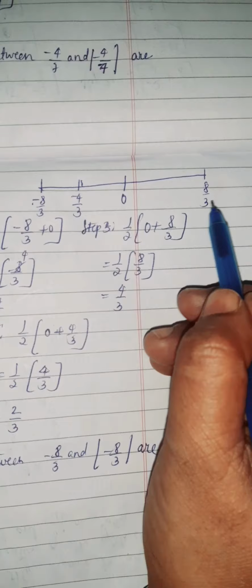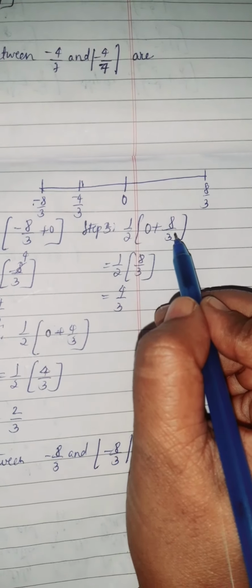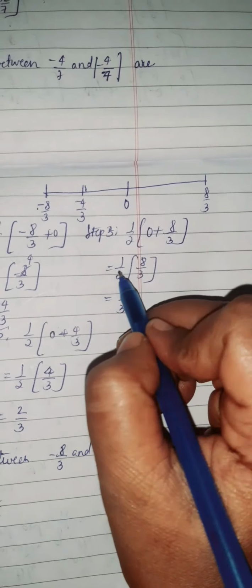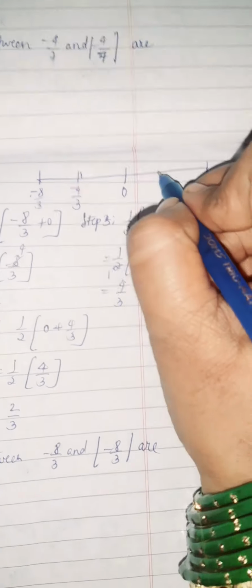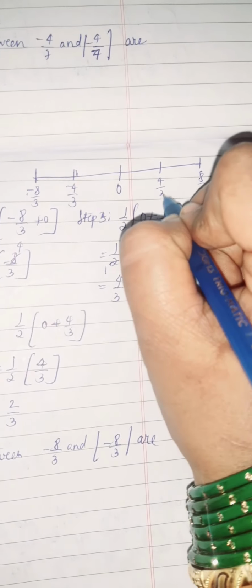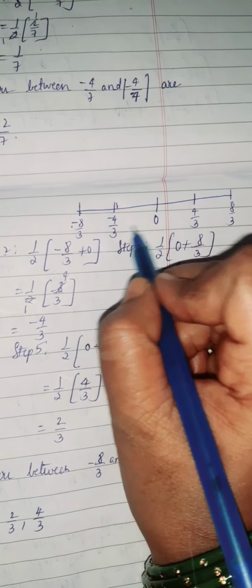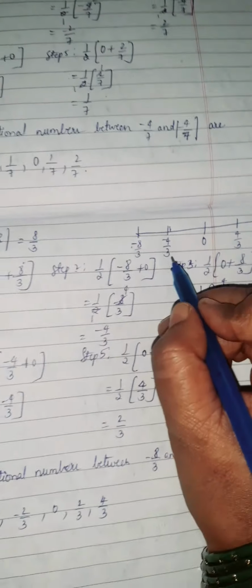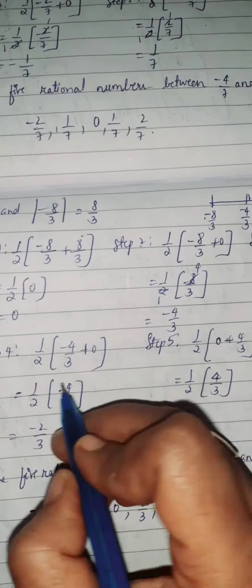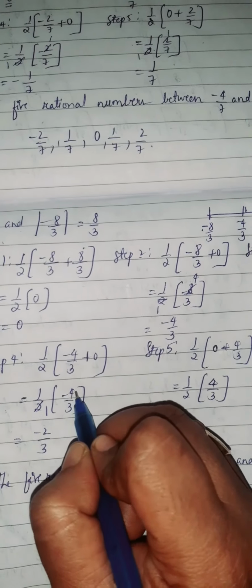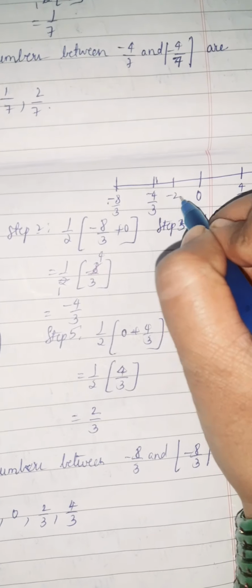Now between these two, 1 by 2 into 0 plus 8 by 3, 0 added to any rational number is the same rational number. 2 ones are 2, 2 fours are 8, 4 by 3 is the next rational number. Now the other two rational numbers we find out between these two and these two. 1 by 2 into minus 4 by 3 plus 0, which is minus 4 by 3 into 1 by 2. 2 ones are 2, 2 twos are 4, minus 2 by 3 is the rational number.